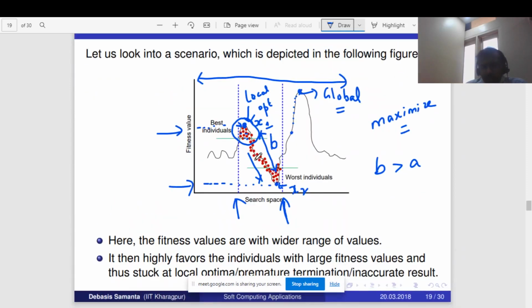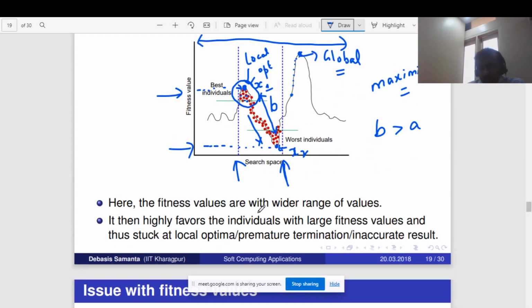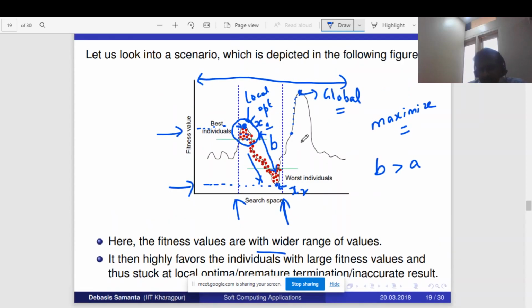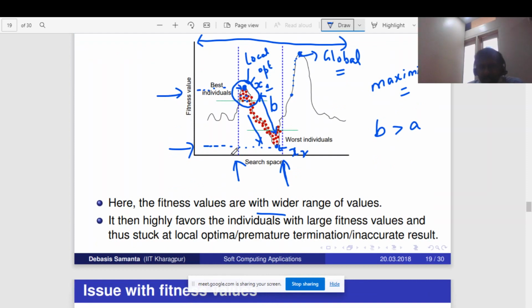So that is what is explained here. The fitness values are with a wider range. Wider range means this range. This range is wider, which means there is a huge gap between this local maxima and this global minima. It then highly favors the individuals with large fitness values.